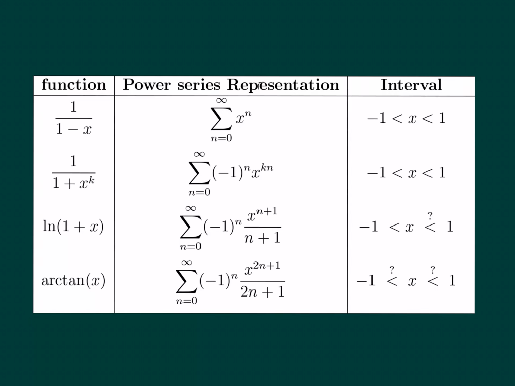Where are these representations valid? Now, there's a question mark above some of the inequalities, and that is because we haven't checked the boundary cases. So we don't know exactly the interval of convergence. You would need to check it. For example, in the second from the bottom, ln(1 plus x), you don't know if this will converge for x equals 1, so you need to check that individually. Similarly, for arctan, you don't know for either endpoint.